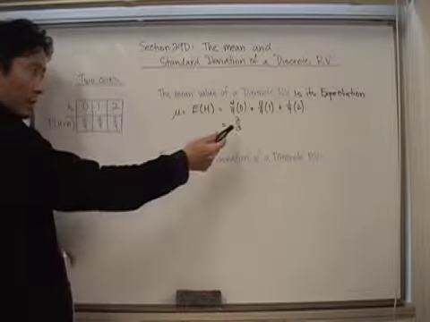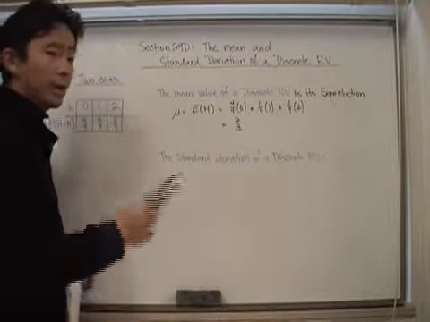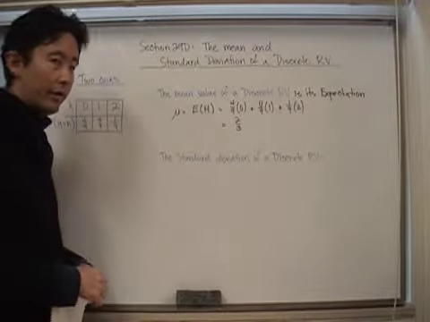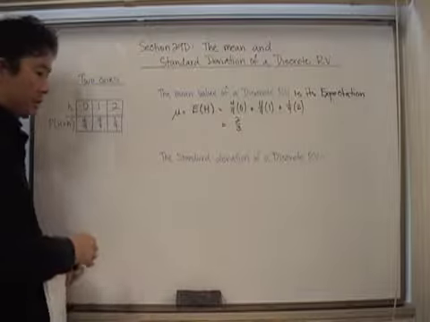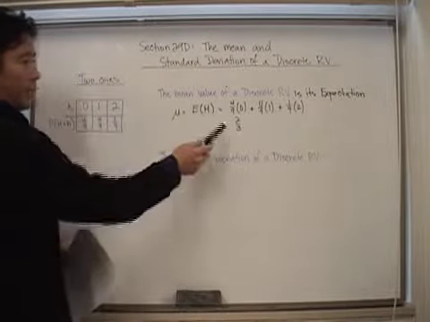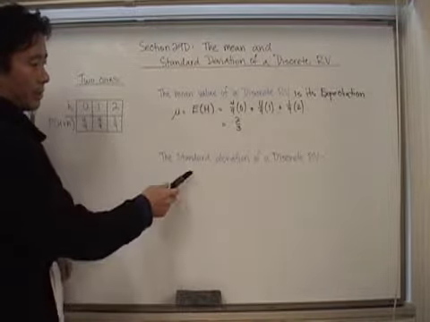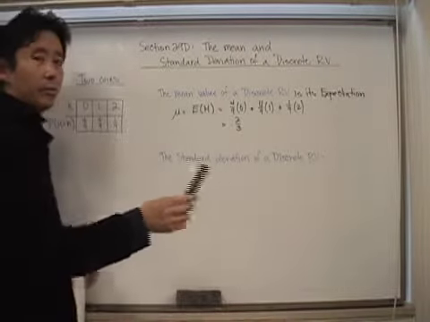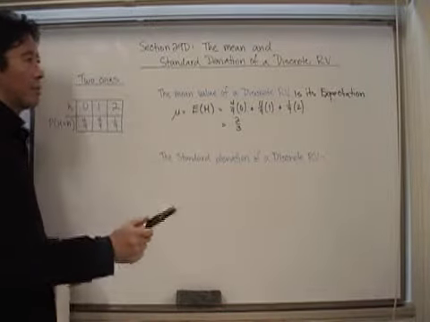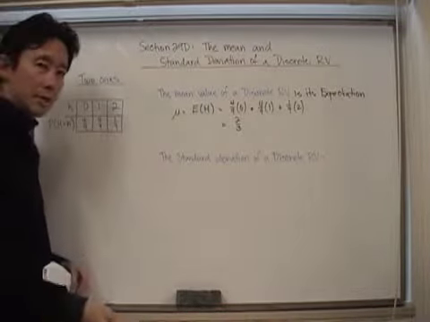So your expectation for any discrete random variable is also considered the mean value of the probability distribution. Okay, so now that we know what the mean is, how do we determine what the standard deviation is? Remember we said that it is not sufficient to only talk about the measures of central tendency.